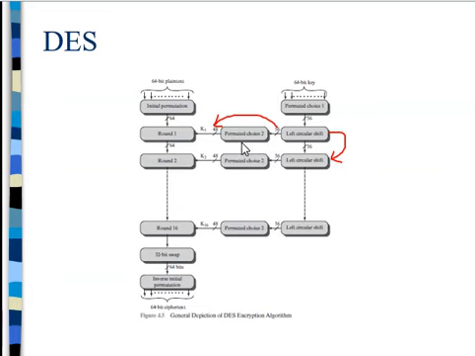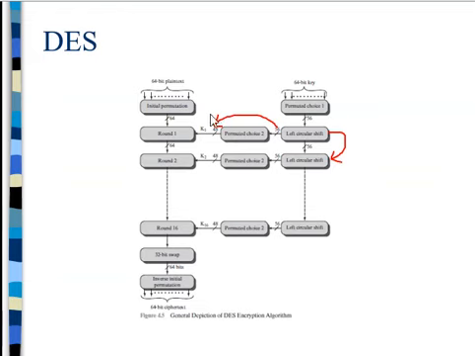In permutation, as you know, we just change the place of our bits. And sometimes we need to reduce the number of bits as well.